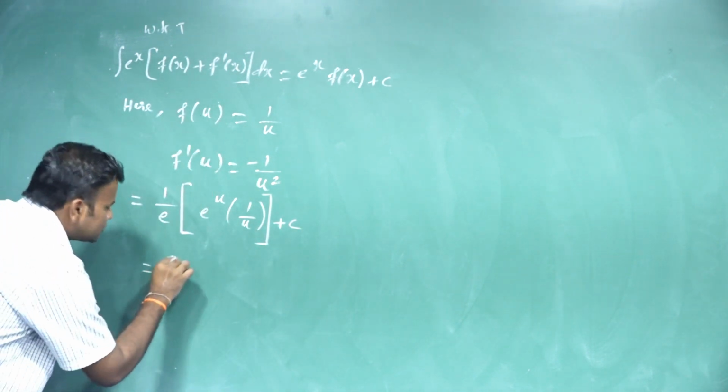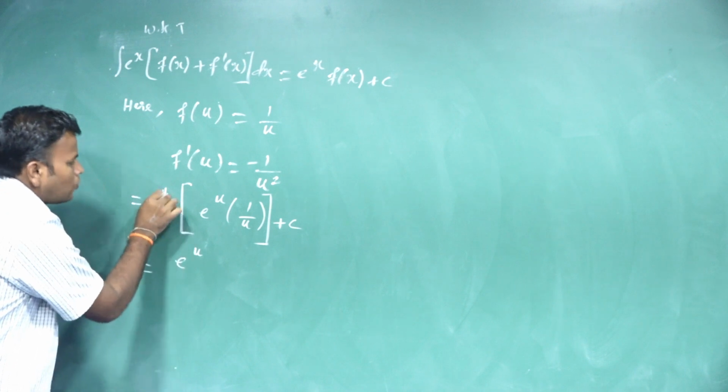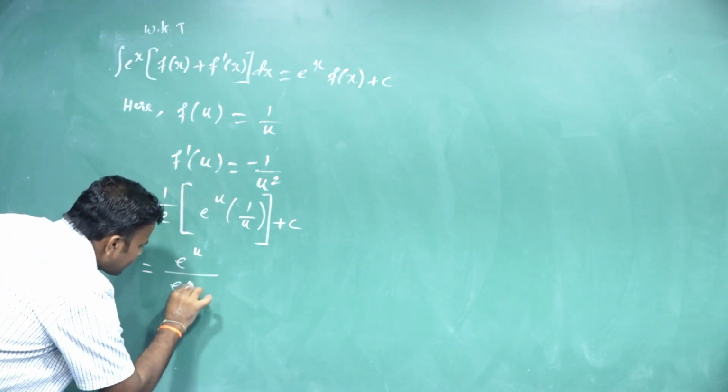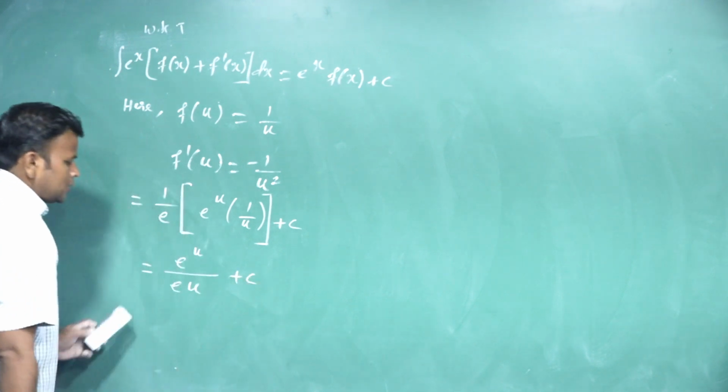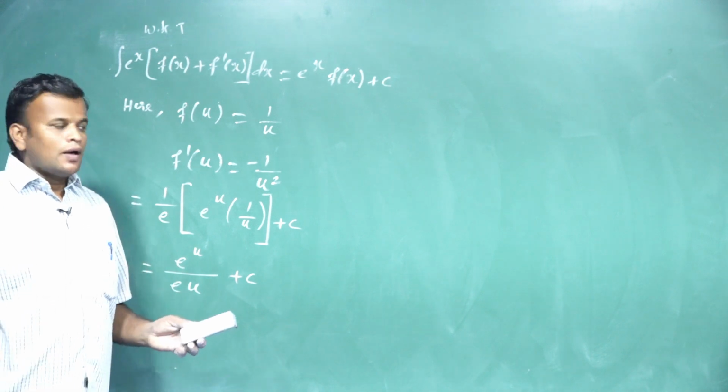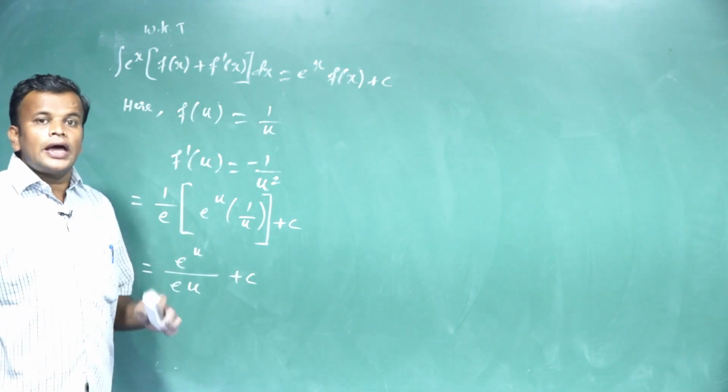So e power u divided by e into u plus c is our answer. But it is not our required answer because all the given variables involve x.